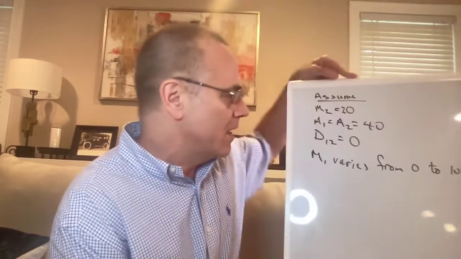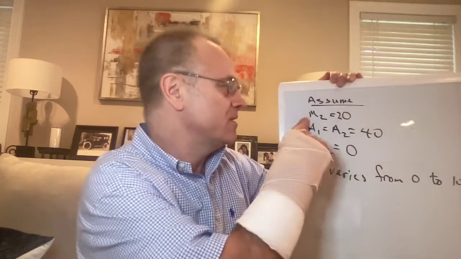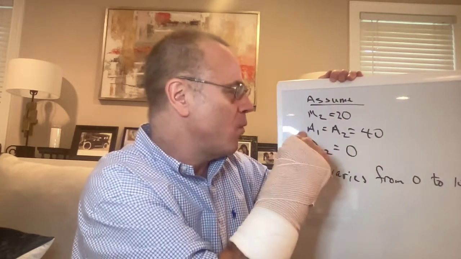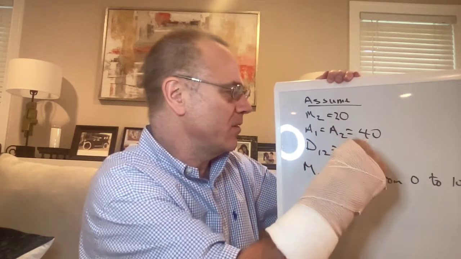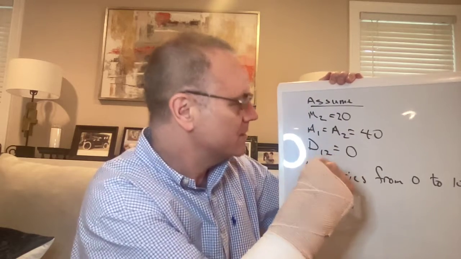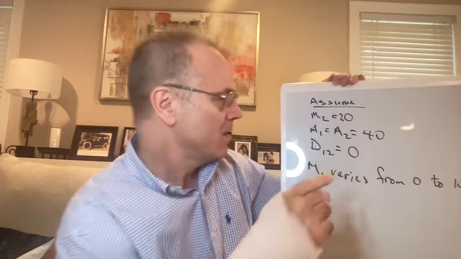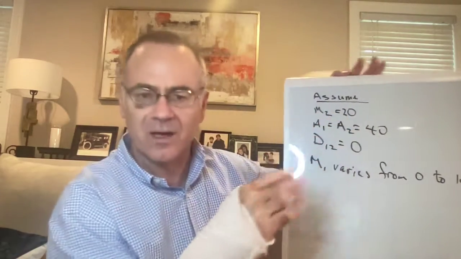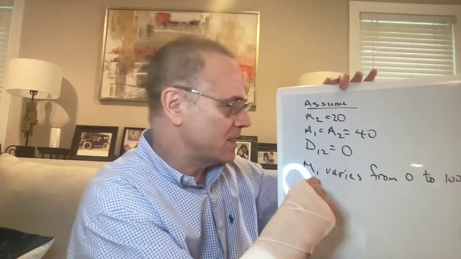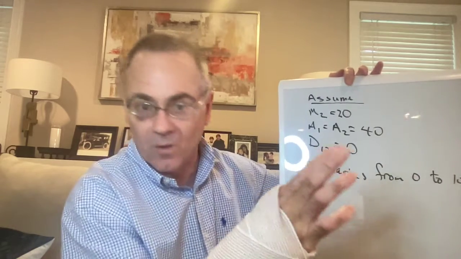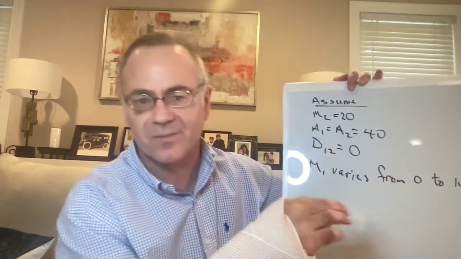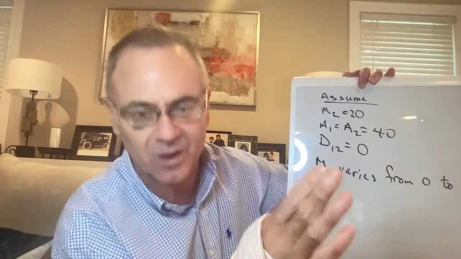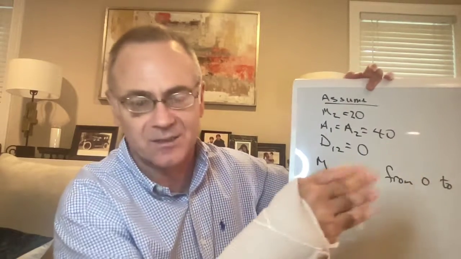So what Kurt is going to do is set 4 of the independent variables to particular values: 20, 40, 0. And then he's going to calculate it once where M1 equals 0, calculating the probability of going to war given the logit estimates.